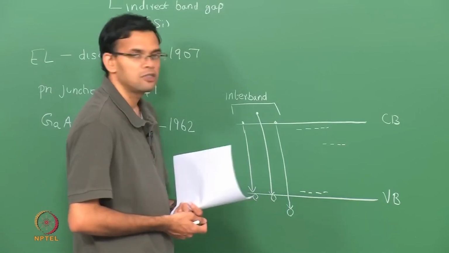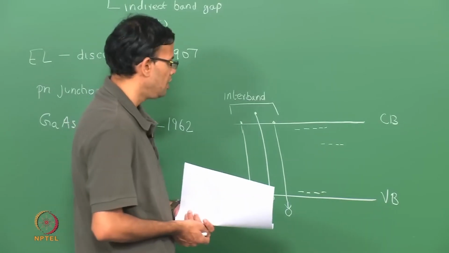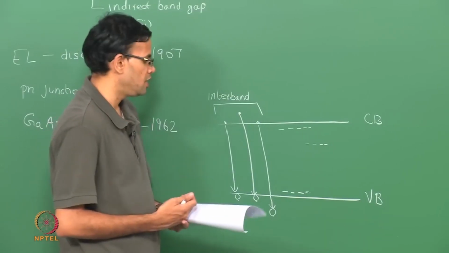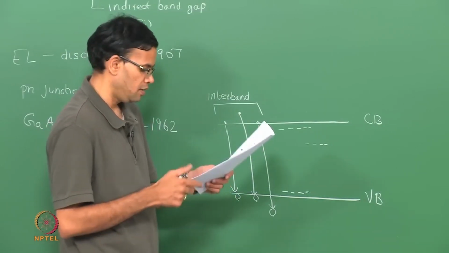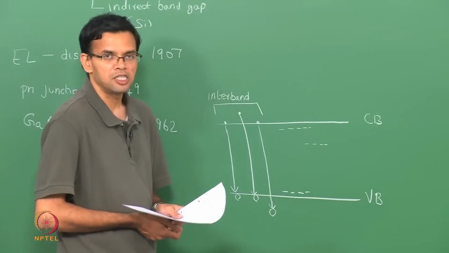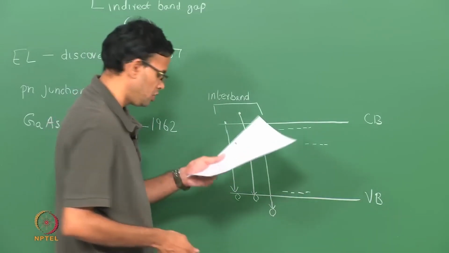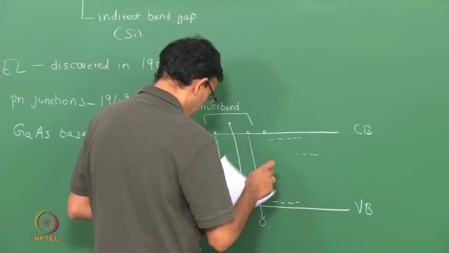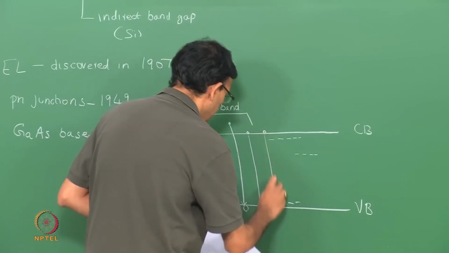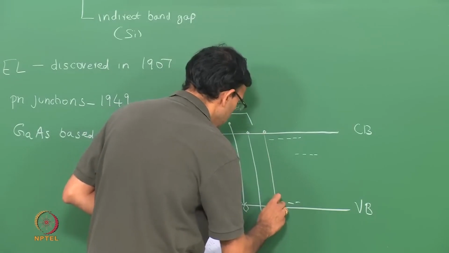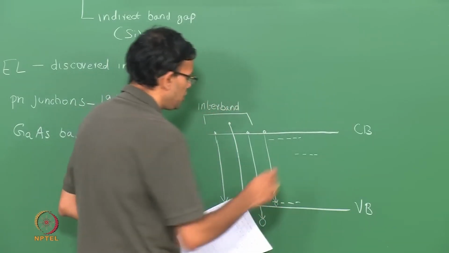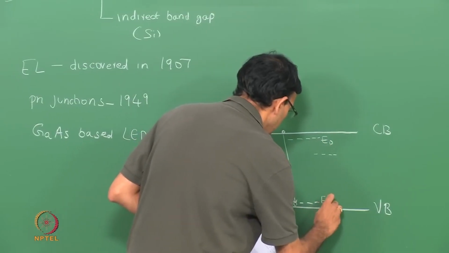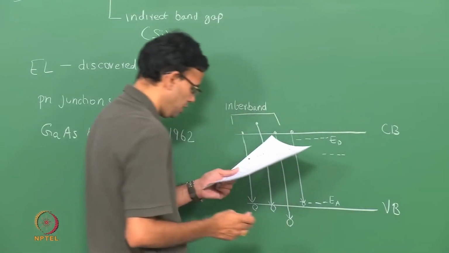So, if you have electron hole pairs that are generated, then these electrons and holes can get trapped in these defect states and then recombine. Those kind of transitions are called defect transitions. So, I can have an electron in the conduction band recombining with a hole in my acceptor state. I will call this ED, which is my donor state, and EA is my acceptor state.